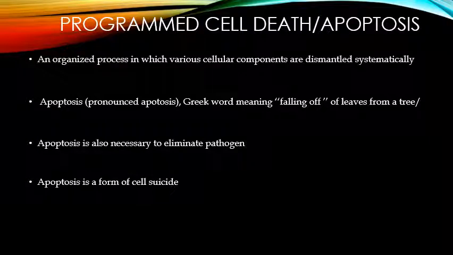It also occurs as a defense mechanism when cells are damaged or diseased. And apoptosis is very necessary to eliminate a pathogen which enters the cell. Whenever the cells are attacked by a pathogen, apoptosis is very necessary.